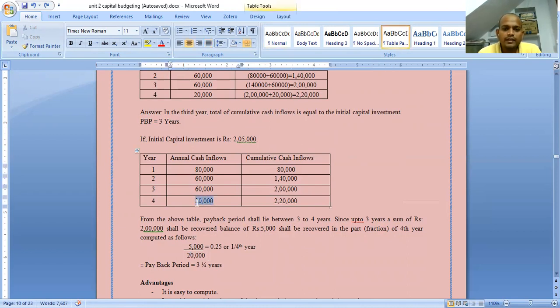If we are expecting 20,000 annually, in 12 months we get 20,000. How many months will it take to get the 5,000? 5,000 divided by 20,000 is 0.25, or one fourth of a year. We can convert that into months as well.